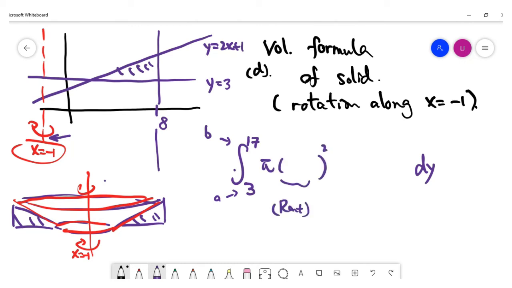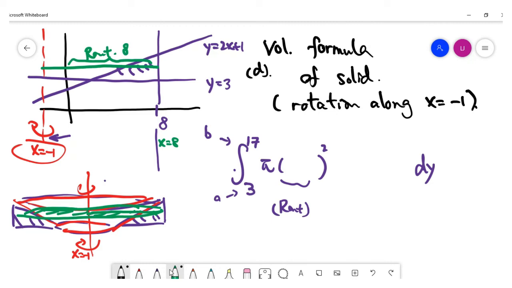The outer radius here is of course based on this line, right? This line, because that's the way you generate the whole circular disc like this. So this length based on this two-dimensional picture is basically this length, which is the outer radius in green color. And this length is the same as this length, which is based on the line x equals 8.